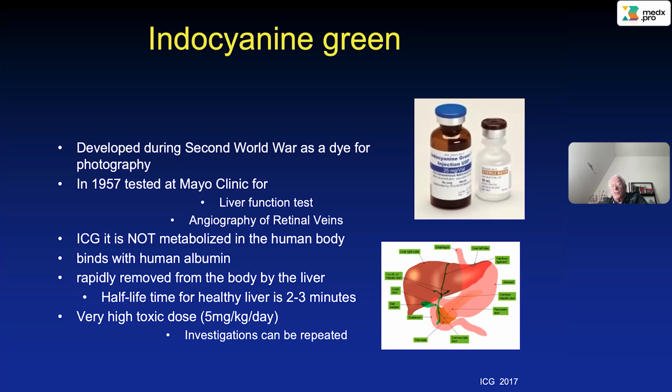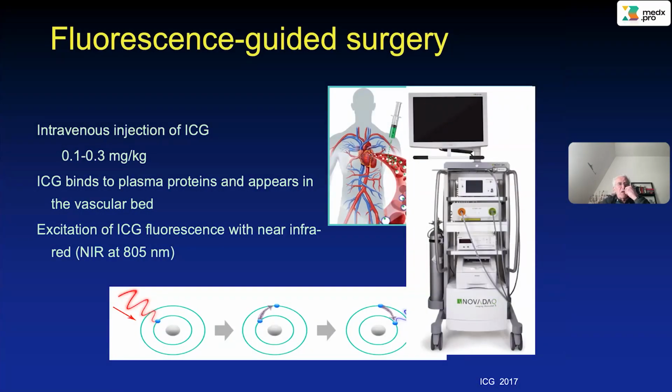And this is why it's used very often nowadays for intraoperative cholangiography during bile duct surgery. The toxic dose is very high. We saw that before. So that means that the investigations can be repeated. Now, it works in this way. It is a dye that binds to the plasma and goes into the vascular bed.